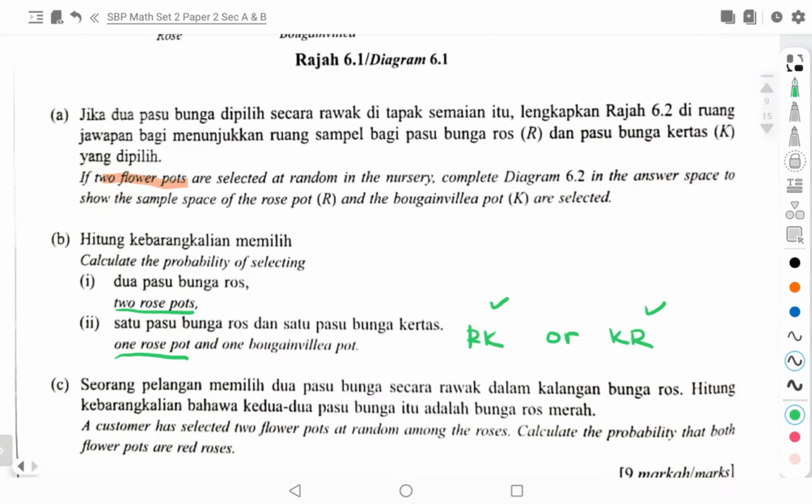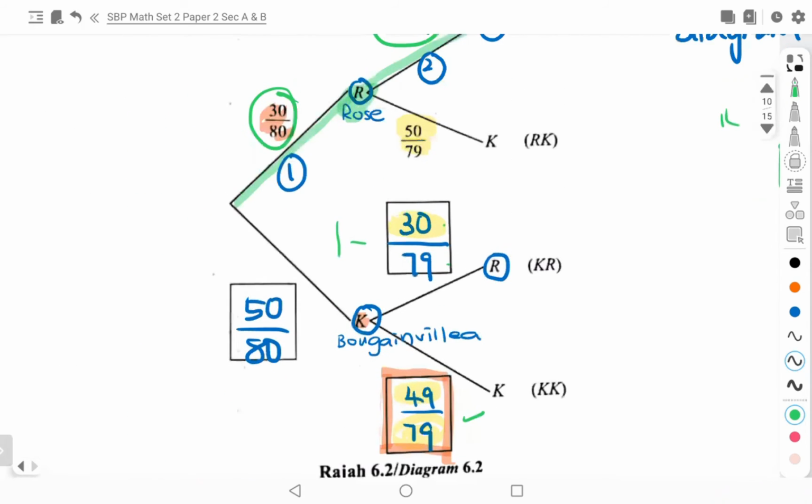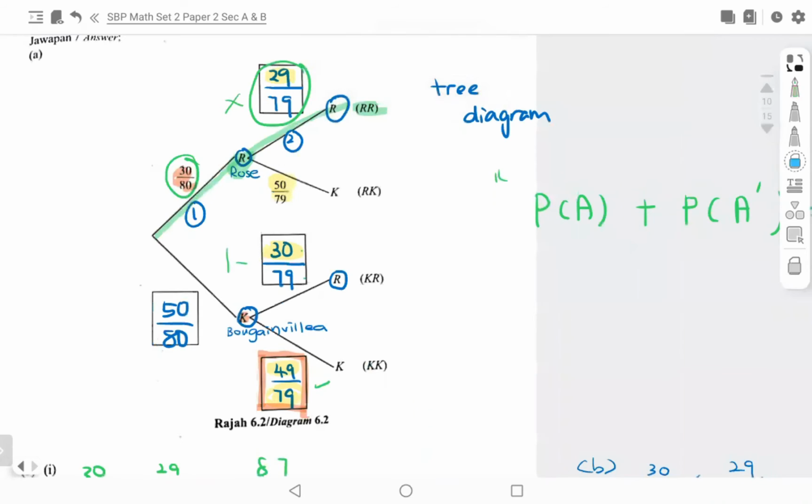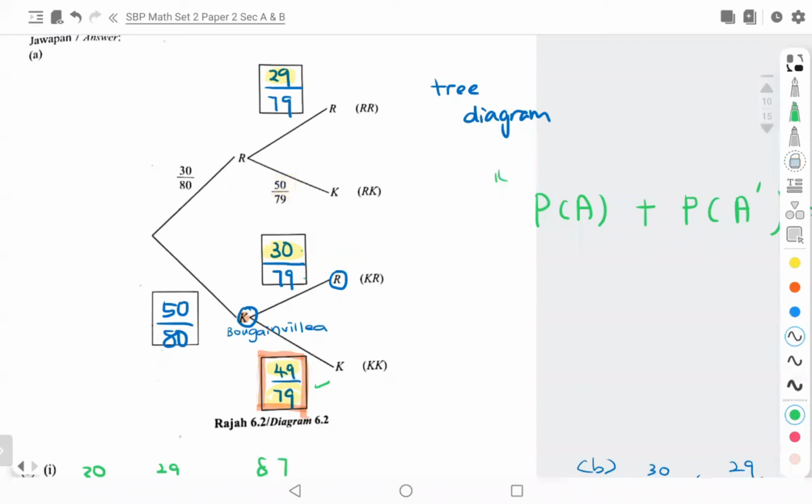Then we go back to the tree diagram. I erase the other ones first so that it is clearer. So we choose RK and also KR. You take the probability, then multiply. Plus the second one, KR here, times this one.